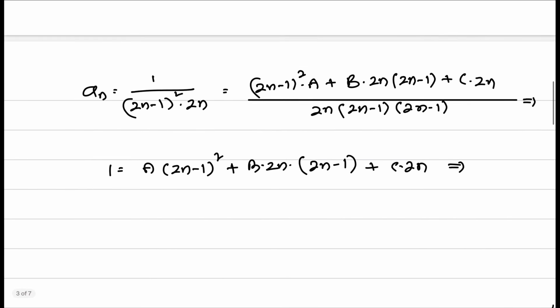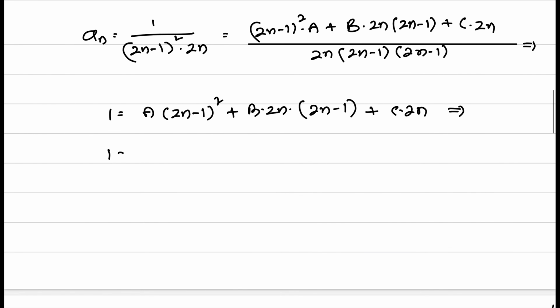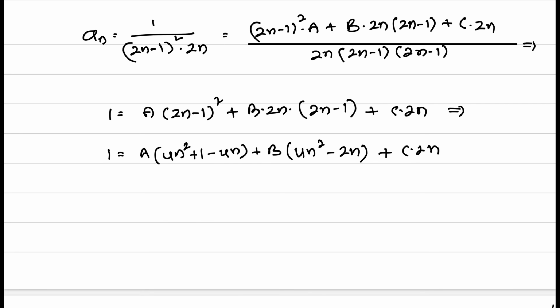Let's expand this as we have done in the previous example. A into 4n square plus 1 minus 4n plus B into 4n square minus 2n plus C into 2n.